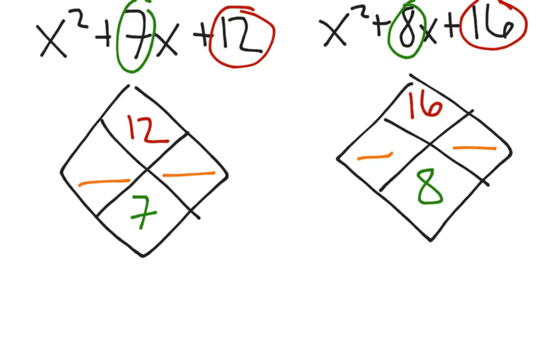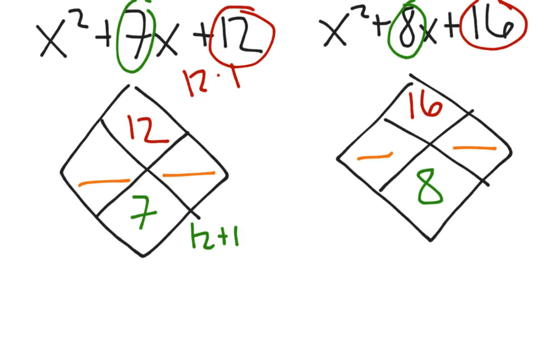So we're trying to figure out what multiplies to 12 and adds to 7. So I'm going to think about what multiplies to 12. Well, there's 12 and 1. 12 times 1 is 12.